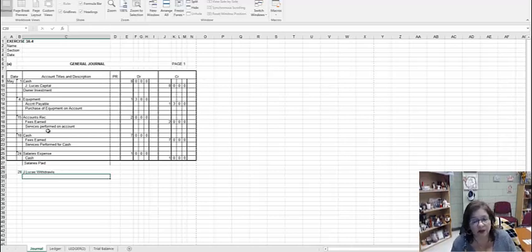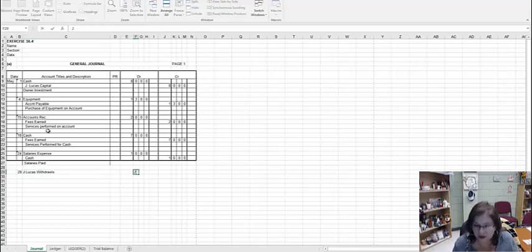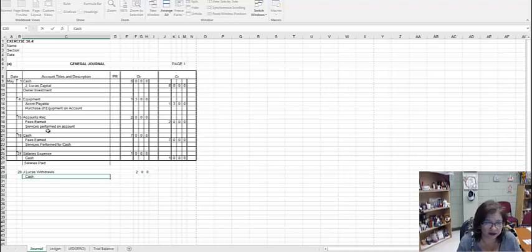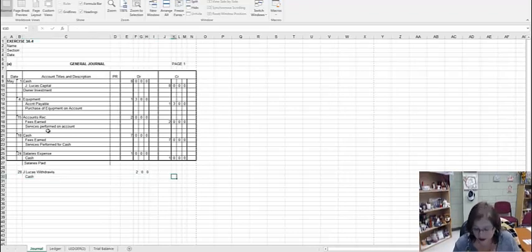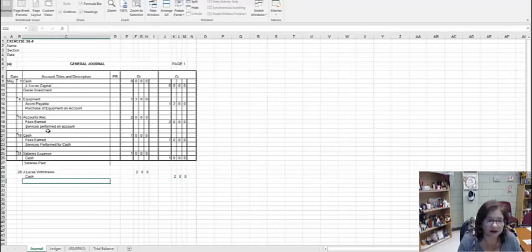Again, remember, the reason why is because she's taking it for personal use, $200. And we're decreasing cash for $200. And then for the explanation, owner withdrawal. Sometimes it'll tell you why, sometimes it won't. But that's what we're doing right now, okay?